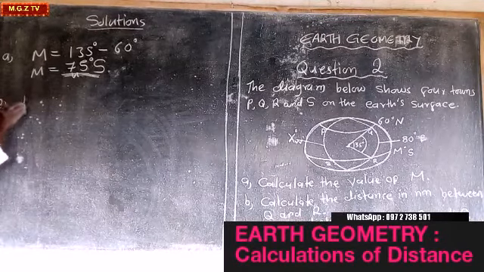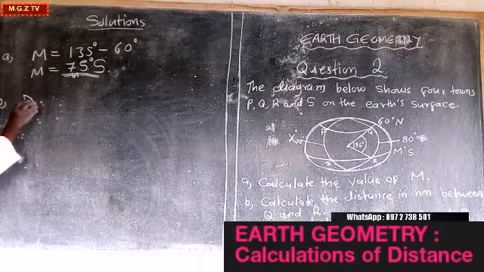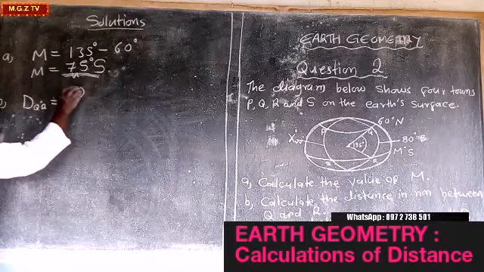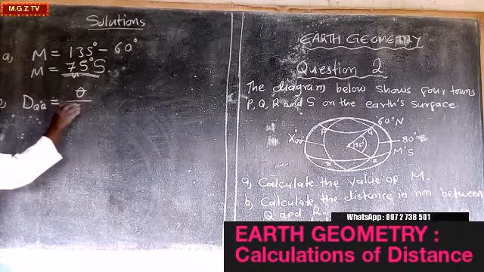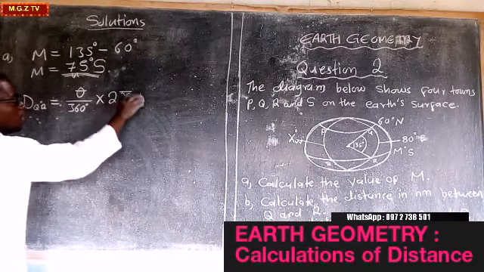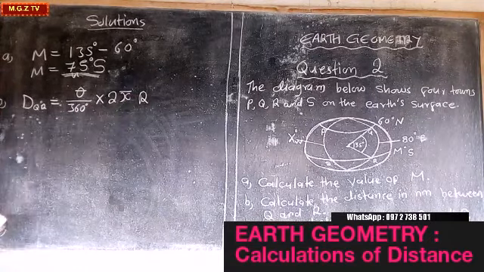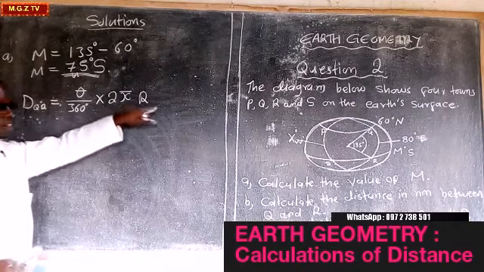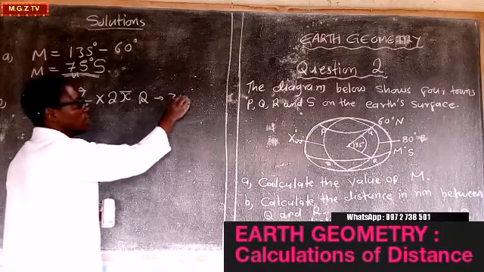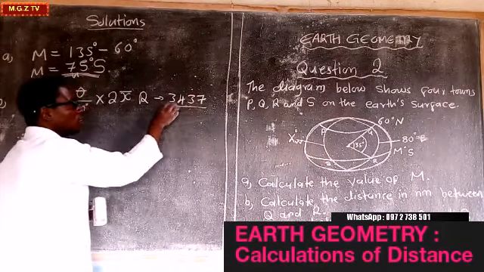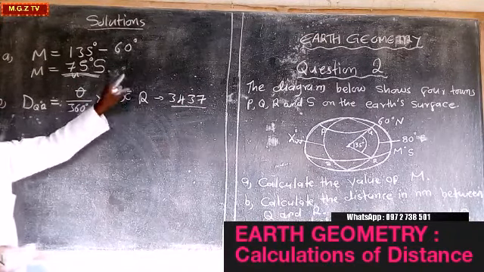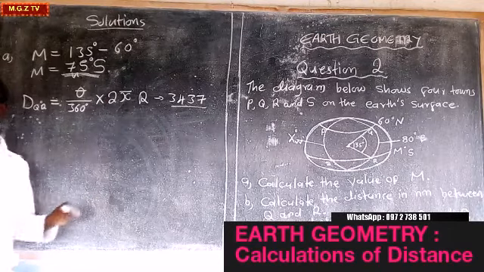So the distance between Q and R is equal to theta over 360 degrees times 2 pi r. Then r in nautical miles is taken as 3437. For the pi, you use the usual number 3.142.